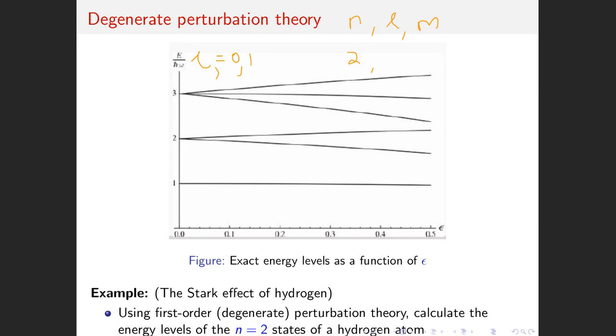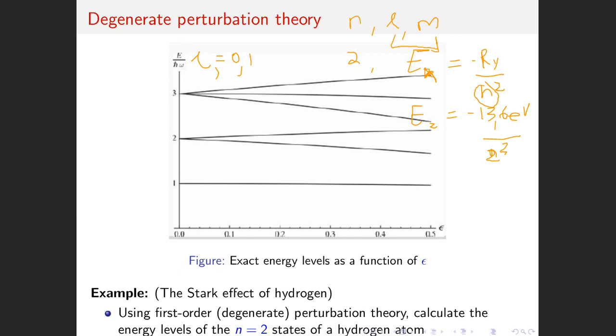So you know that the energy will be given by the Rydberg number divided by n squared, right? The nth energy. So if n equals 2, you know that E2 will just be minus 13.6 electron volts divided by 2 squared. Now, this energy doesn't depend on these other quantum numbers.